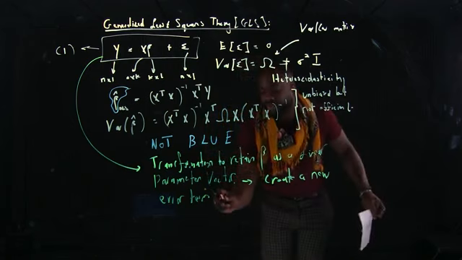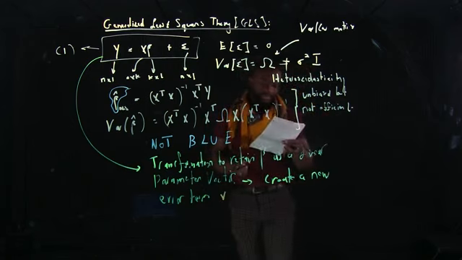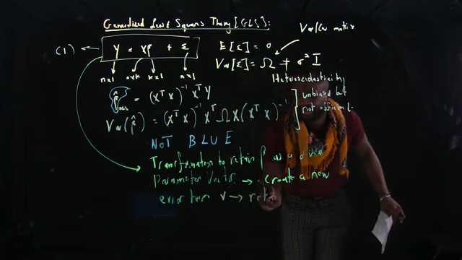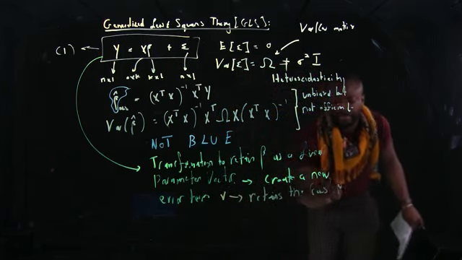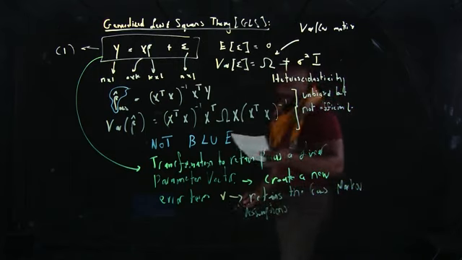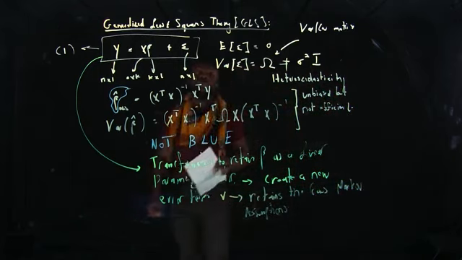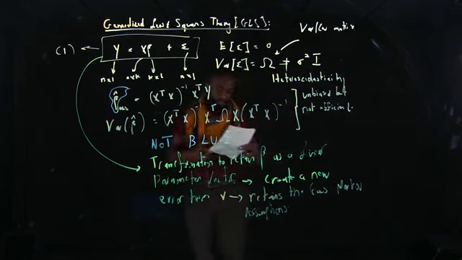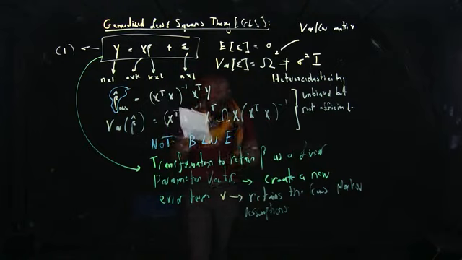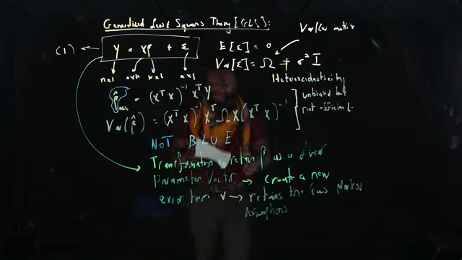Let's call this error term v, which is going to retain the Gauss-Markov assumptions, including the homoscedasticity assumption. If we achieve this, we have achieved a model in which you can get an OLS estimator for beta hat.